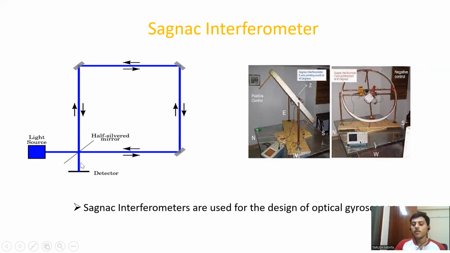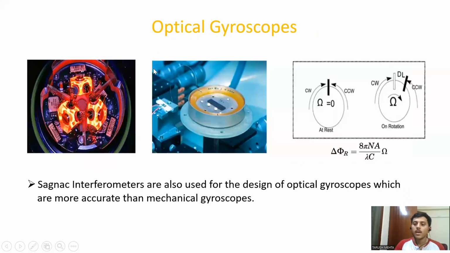So by measuring the intensity at the output, we can measure how much phase difference or phase change has taken place. And by measuring that phase change, we can measure with what angular velocity this setup was moving, and in which direction. For example, here we can see that the phase change delta phi is given by 8 pi times numerical aperture by lambda c times omega, where capital omega is the angular velocity.